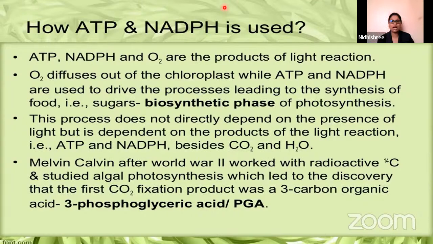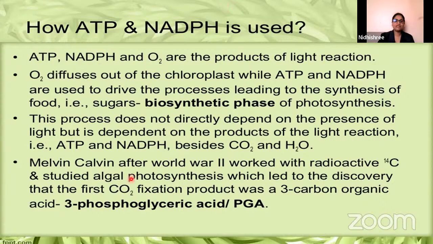So oxygen diffuses out of the chloroplast while ATP and NADPH are used to drive the process leading to synthesis of food, sugars, the biosynthetic phase. This process does not directly depend on the present light but is dependent on the products of the light reaction. That is why the dark reaction is not called completely light independent.